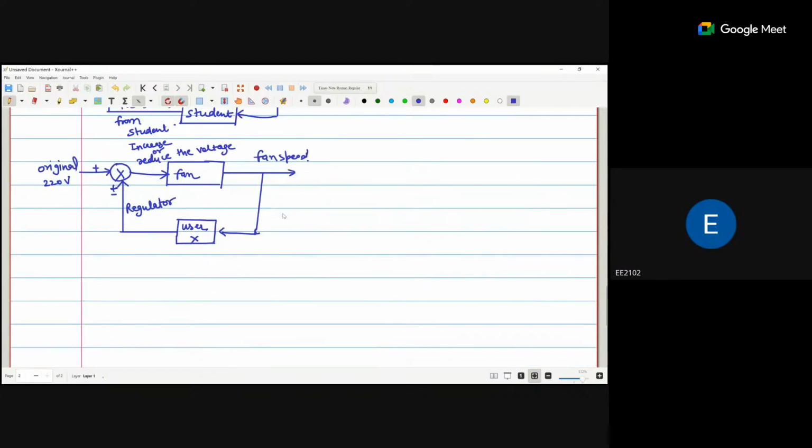Either the feedback voltage is added or subtracted.